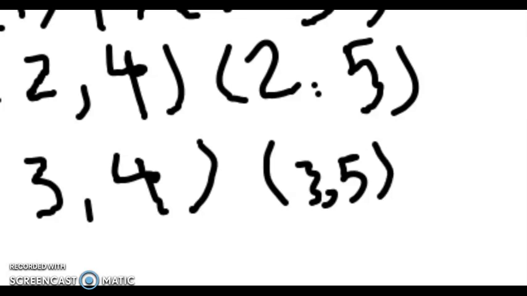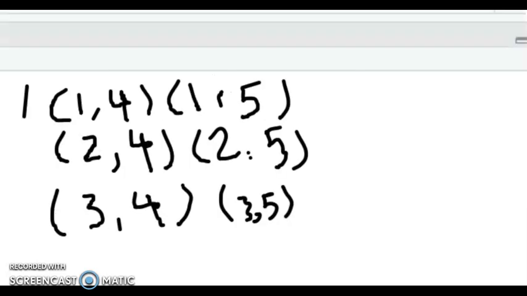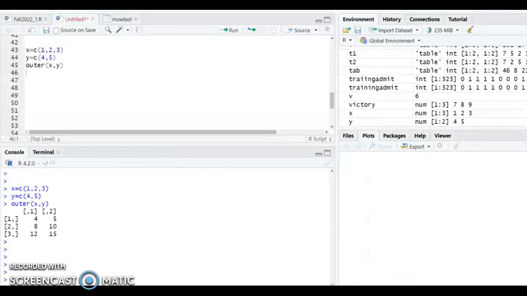Okay, so you see, it's a time consuming action to create all these things. But R does it for us. Just imagine you have thousands of x and you have millions of y. It creates every pair of data from them.